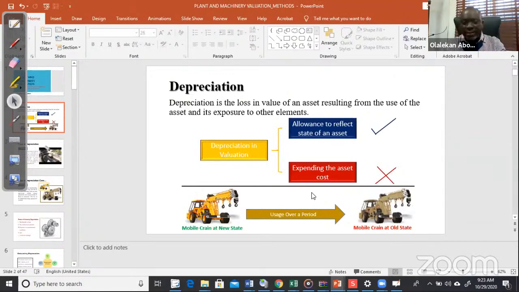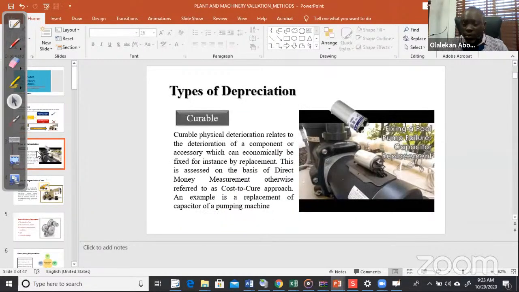So given that, the condition of this is not curable such as to be measured. But let's say it's just the tire that got faulty, or anything replaceable in the asset that is faulty, then you can easily replace that. That is a condition of curable depreciation.